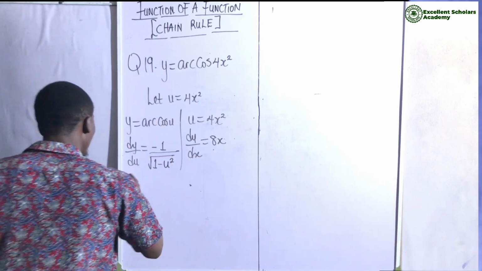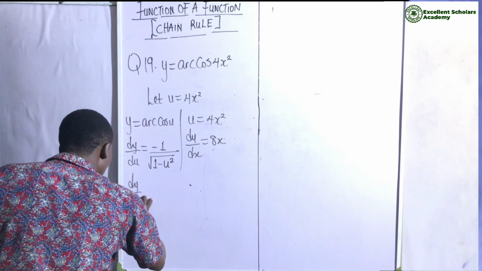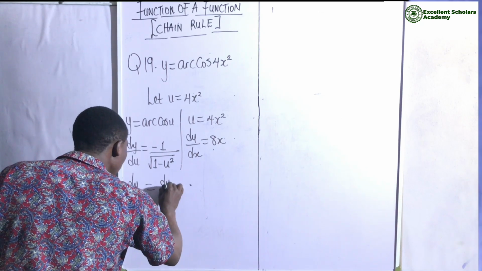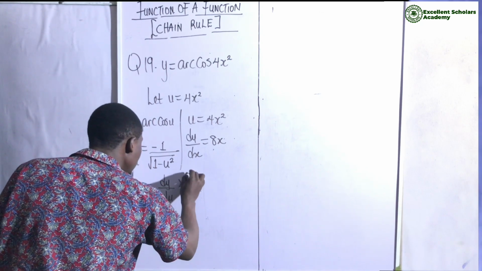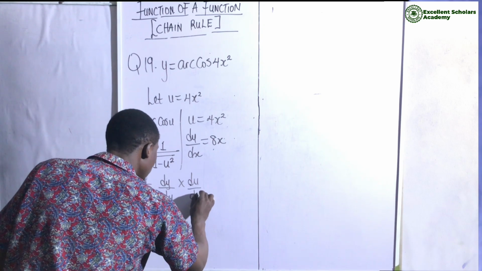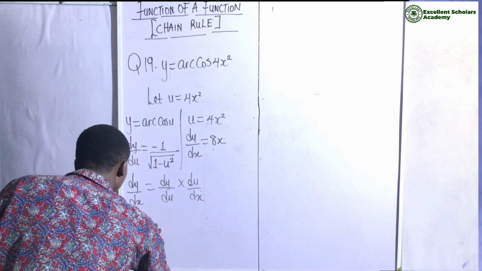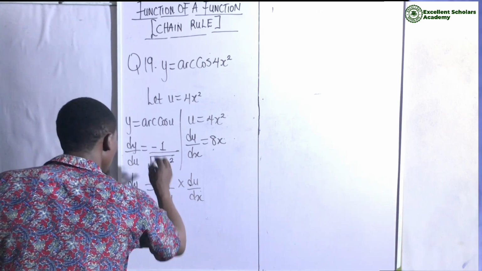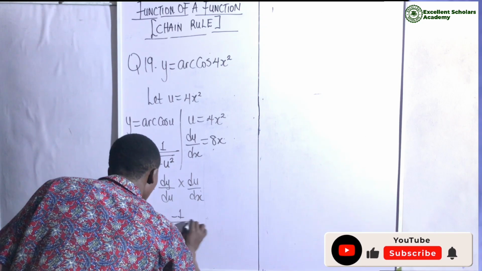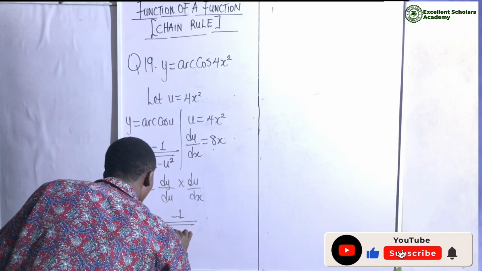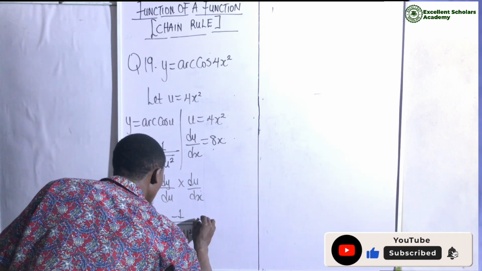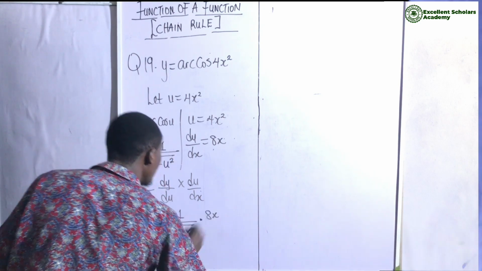Okay, now my dy dx finally is going to be dy du times du dx. So dy dx will be equal to minus 1 over square root of 1 minus u squared multiplied by 8x.